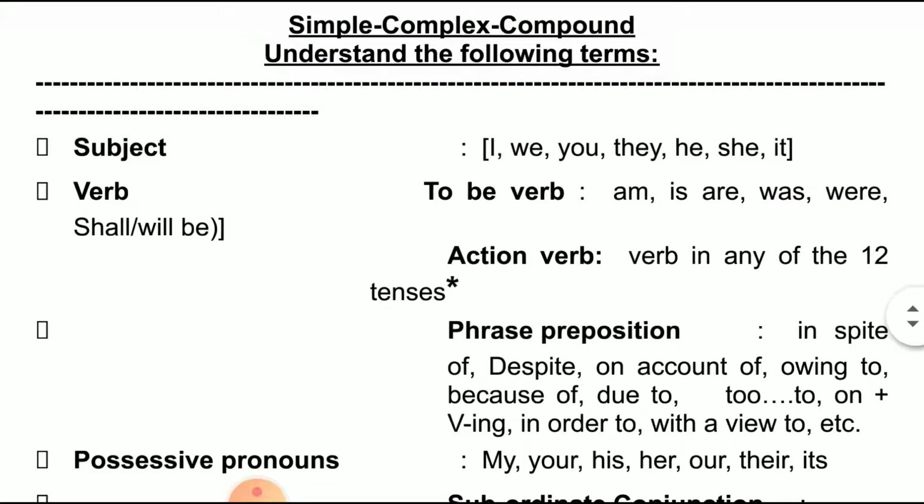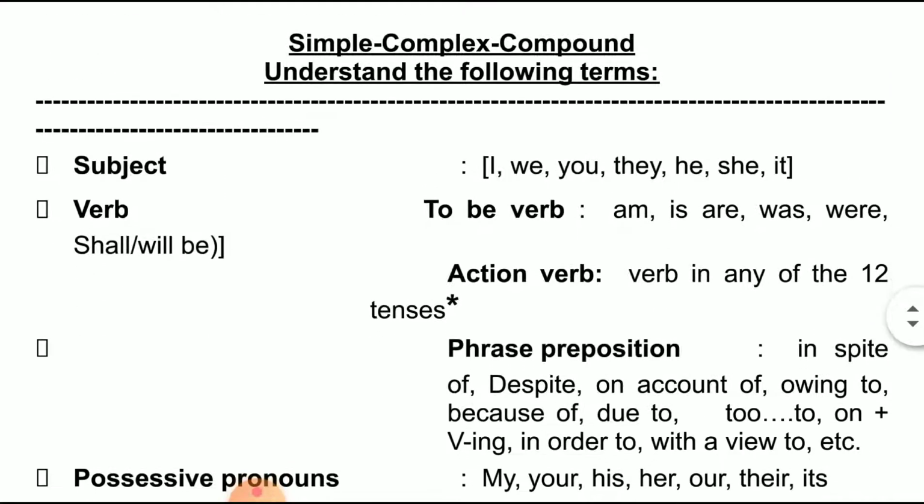Now, the basic rule is that identifying the given sentence as simple, complex, or compound is very important. Unless you identify that, it is going to be very difficult for you to transform it. So, the first thing that you need to do is to identify the given sentence.